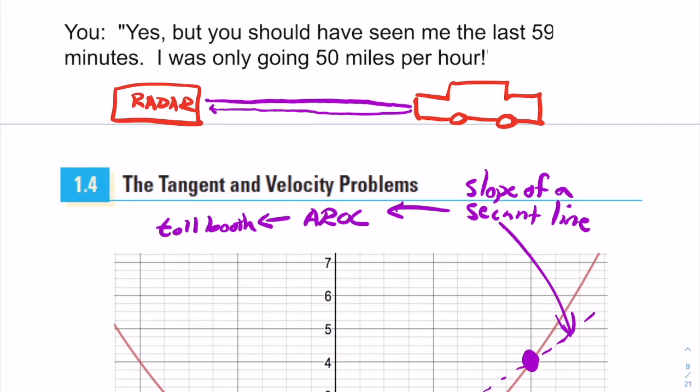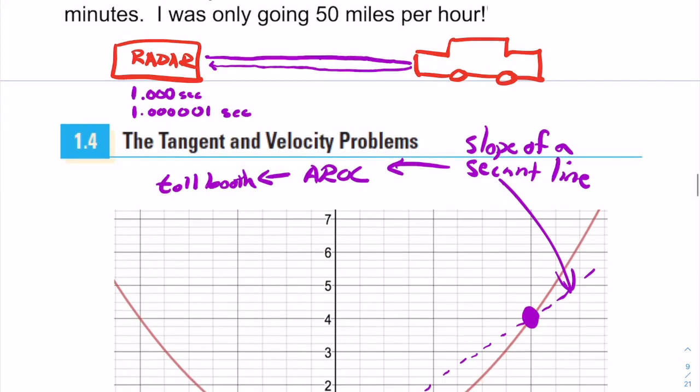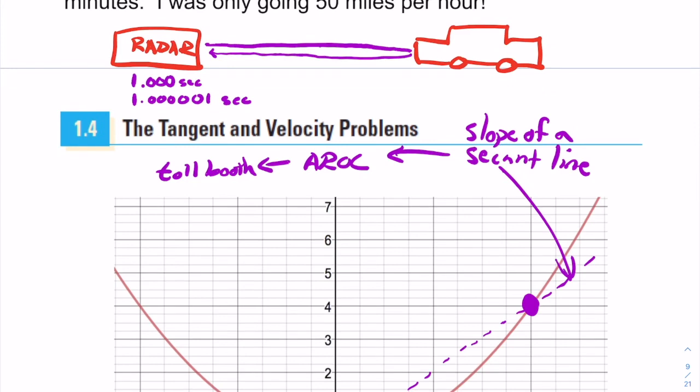So what the radar does is it collects 2 data points at a very fast moment, almost to the nanosecond. So if it was like 1.00 seconds, if it starts there, the radar will come back at 1.00001 second. Probably even faster than that. Okay? Almost to the point where it's almost instantaneous.